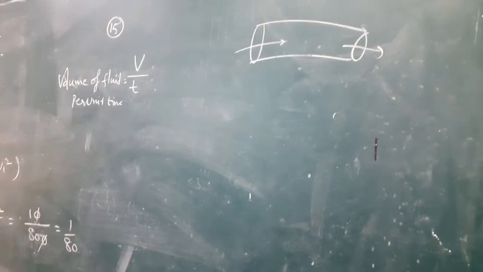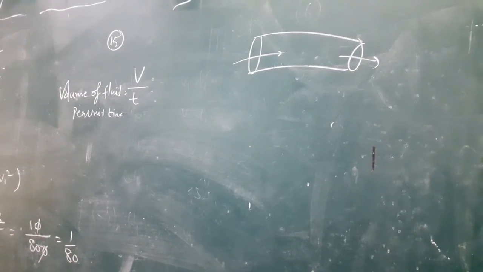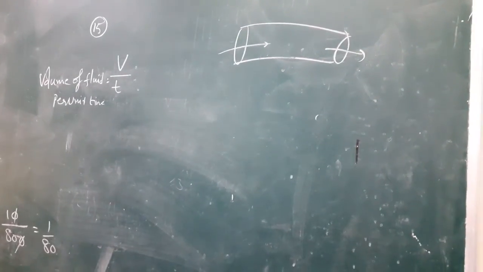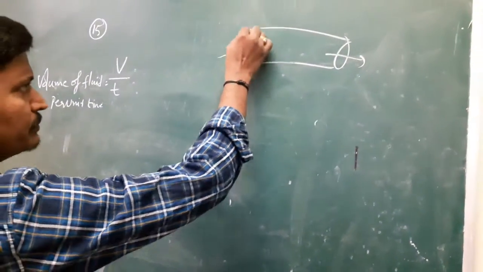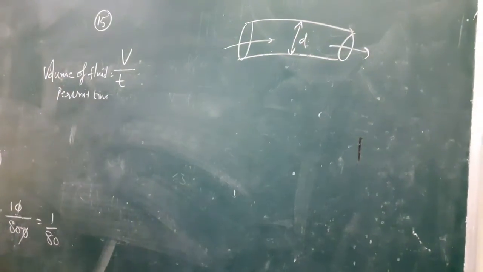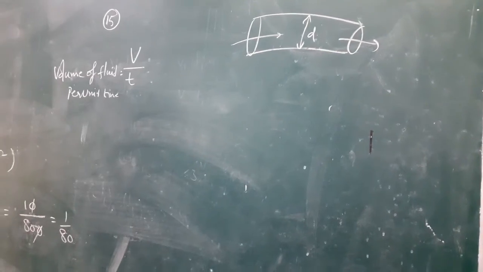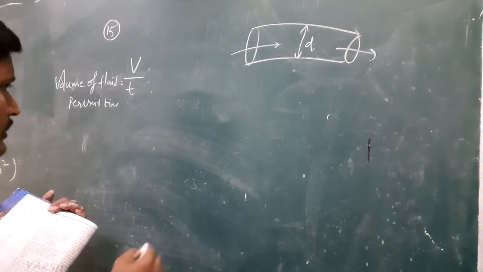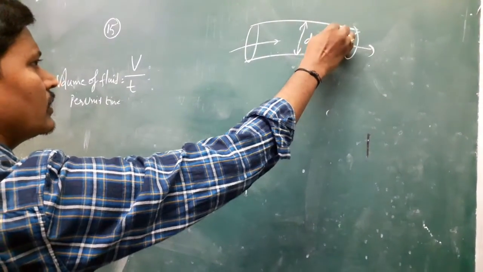The question asks about D, the diameter of the tube. The diameter of the tube is mentioned. Next, at a point the radius is also given in terms of D.